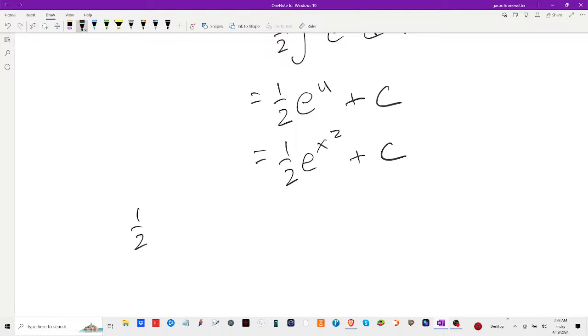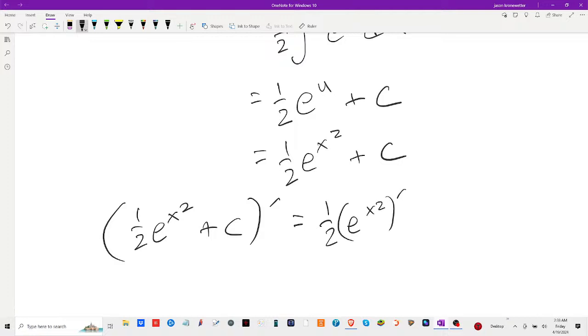So if I take the derivative of this, I get 1/2 e to the x squared prime. Remember, we can just take the constants out in front and just take the derivative of the function part. Constants come along for the ride. And then plus c prime. This is always 0.